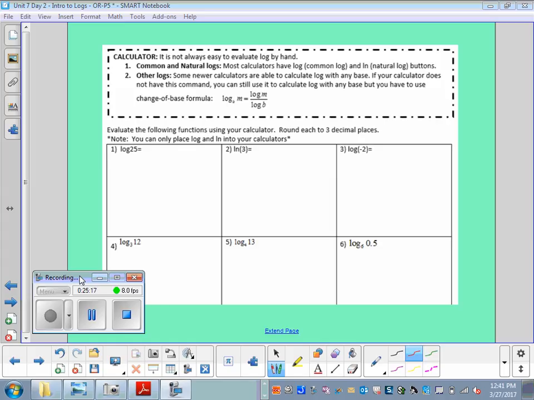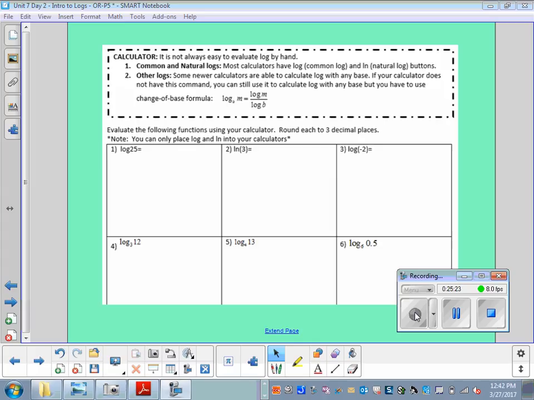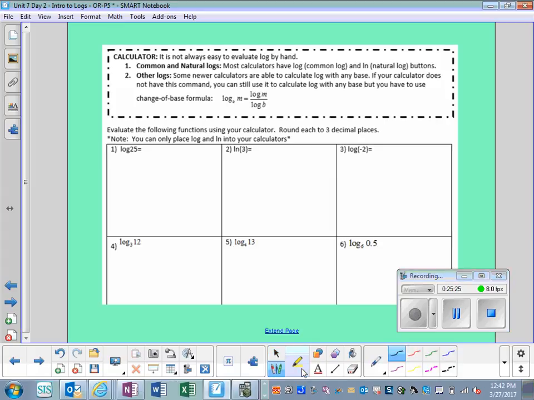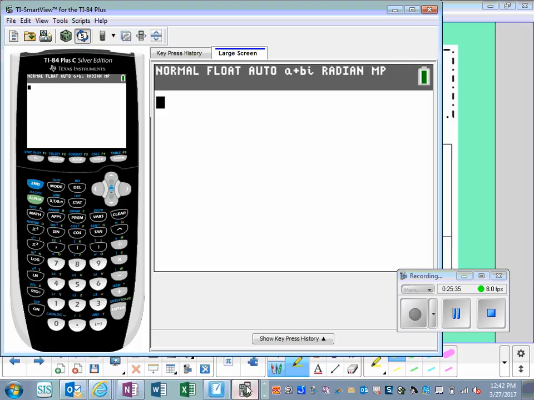The common log and the natural log commands are available in your calculator. Here is the log button, which we already used, and here is the ln button. We used them when we graphed them.